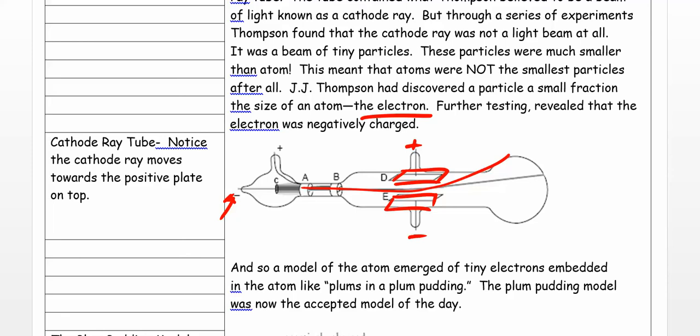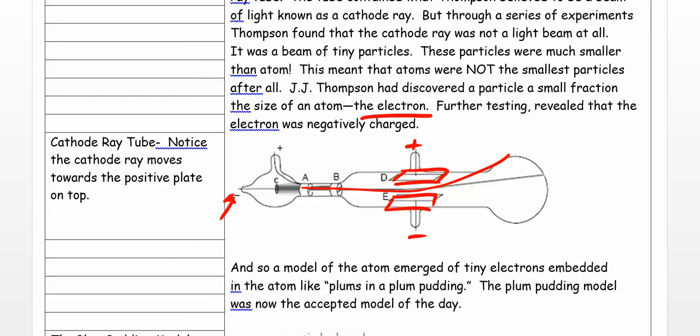That meant that these particles, these electrons, must be negatively charged, because J.J. Thomson knew that the particles would be attracted to a positive plate if they were negatively charged. But the opposite would be true if they were deflected towards the negative plate.